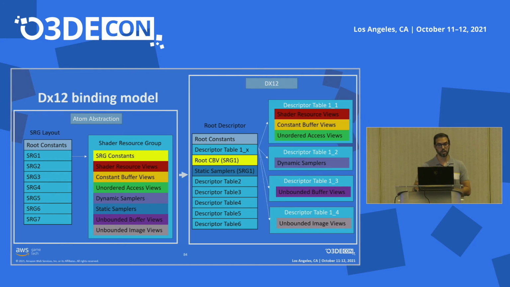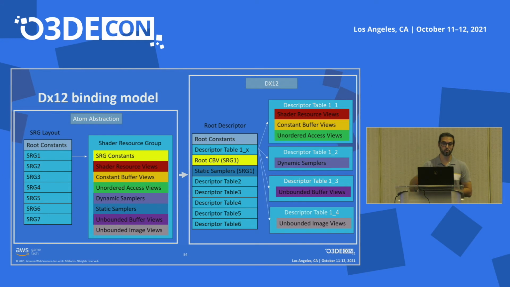And on the DX12 side, every backend has its own API terminology and handles things based on the drivers. In DX12, they have this concept of root descriptor tables, so we essentially create multiple descriptor tables. I color-coded it so that you can understand. The yellow is SRG constants. They've essentially become root constant buffer views.